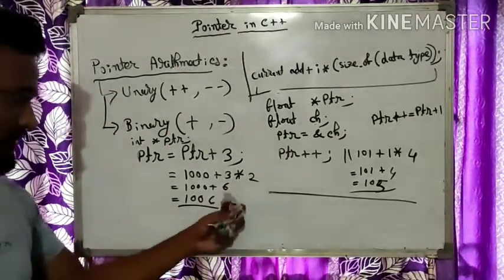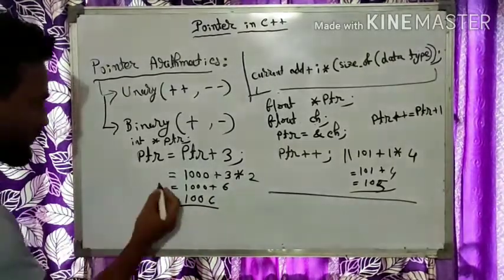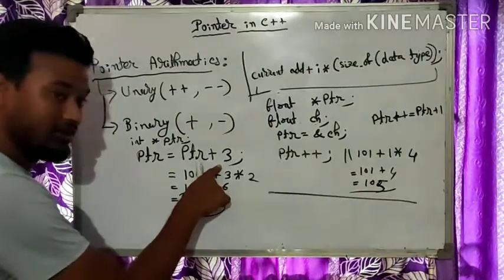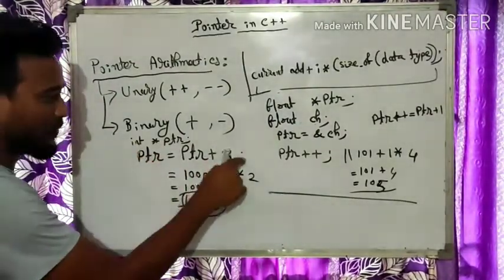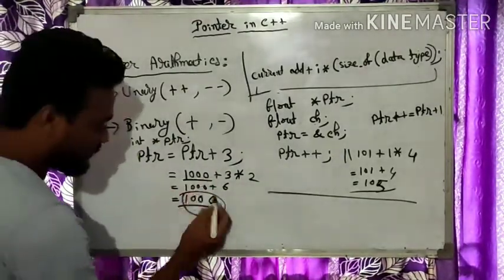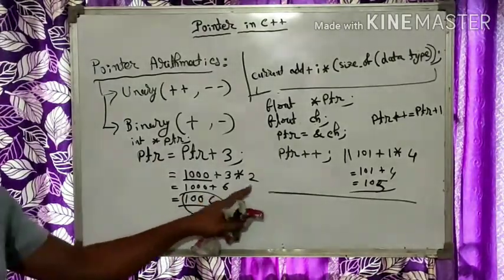Got it? In this statement, the next memory address for PTR is 1006, because this time we are incrementing by 3. Though it is incrementing by 3, we multiply by the size of the data type, which is 2 bytes. So first our current memory address was 1000, the next memory address will be 1006. It is incremented by 6.